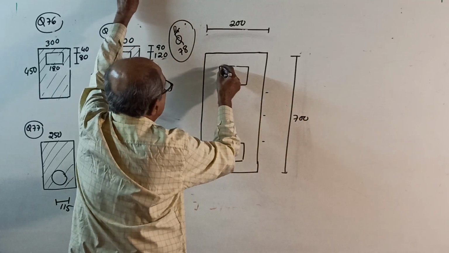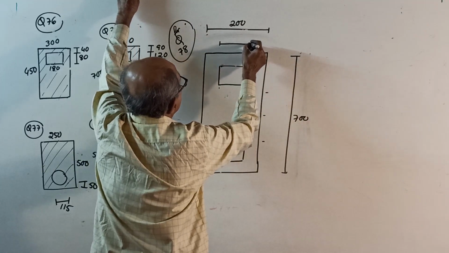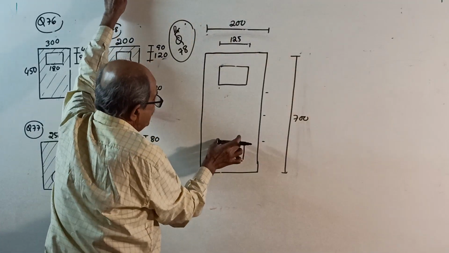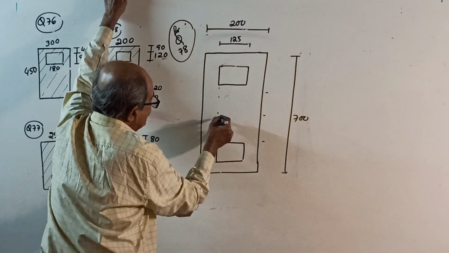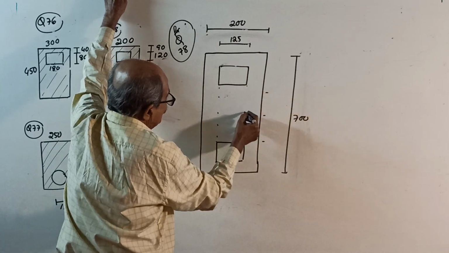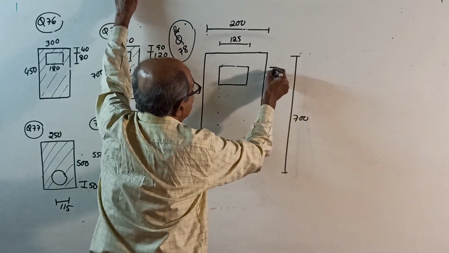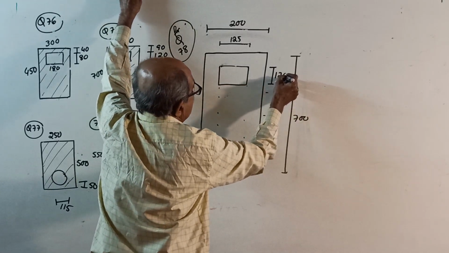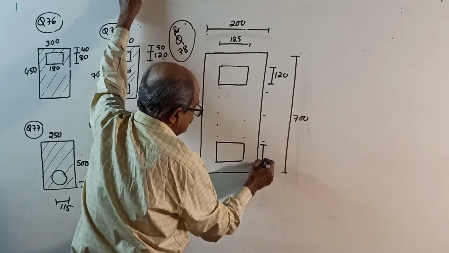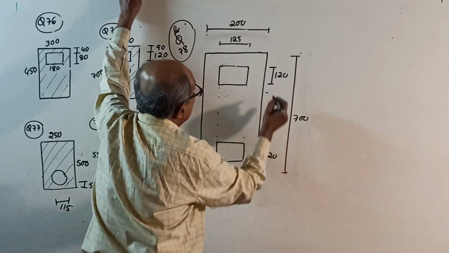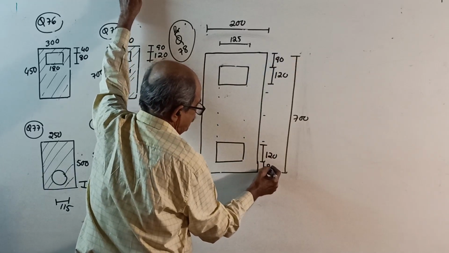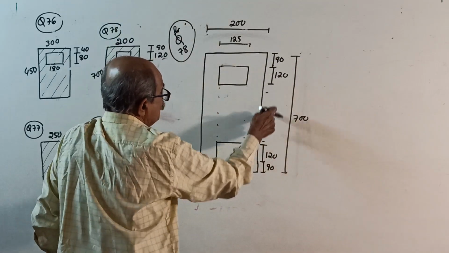Now, this width of the rectangle is 125. Same width here also, see. This depth of the rectangle is 120. Same depth here also, 120. This gap is 90. This gap also is 90. Okay, this gap you find out.